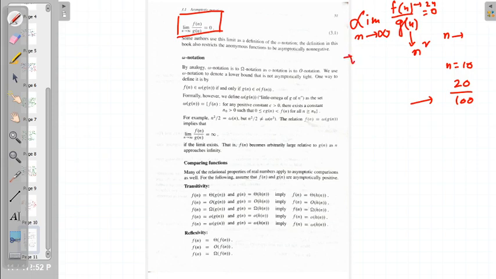I think this is much easier to visualize. The limit as n tends to infinity of f(n) by g(n) equals 0, when n is growing larger and larger.